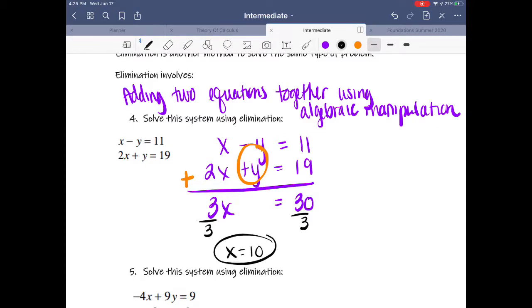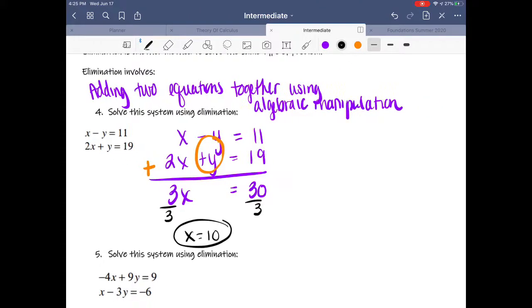Isn't that neat? So now we have the x coordinate, which means that I need to find the y coordinate. You can use either equation, it does not matter. X is 10 minus y equals 11. I went ahead and used the first one. That's just my habit. It really doesn't matter.